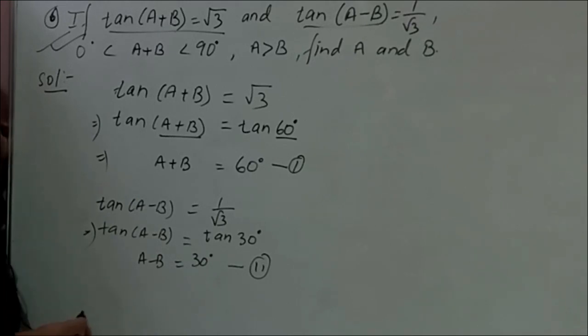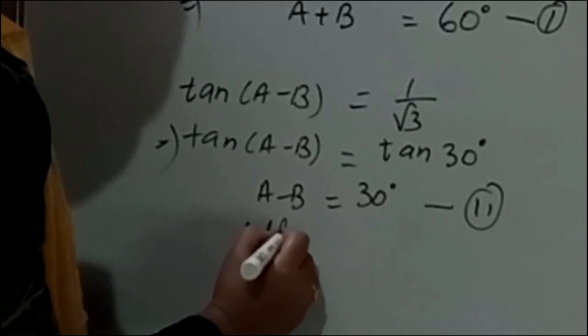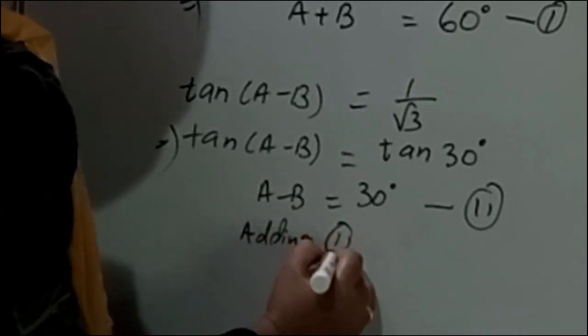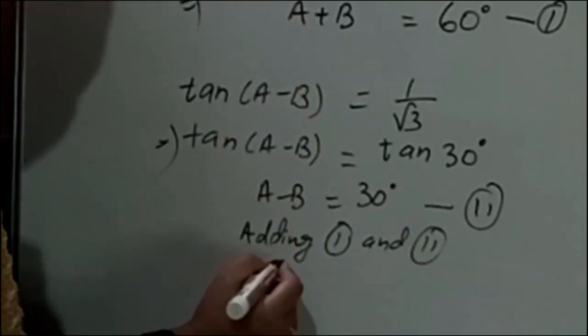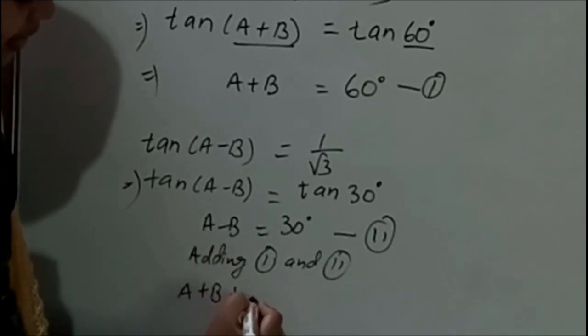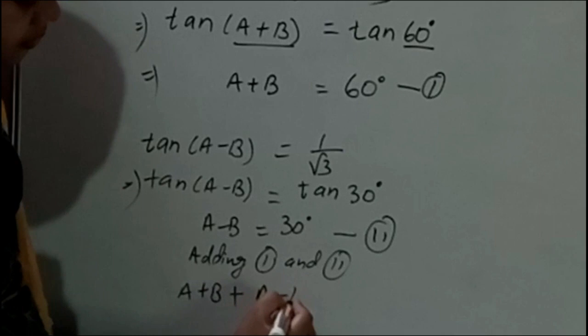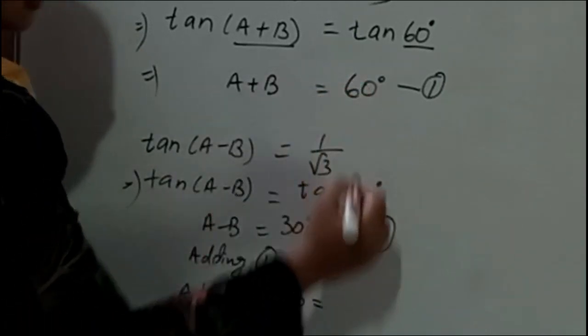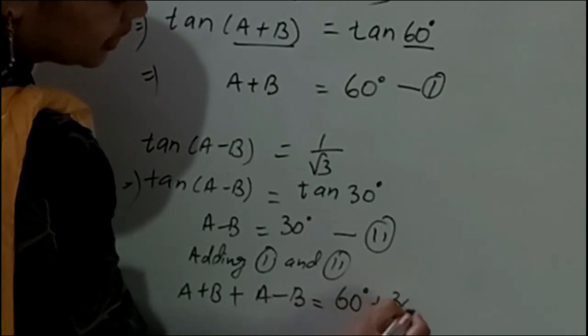Clear? So next what will we do? Adding equations 1 and 2. Both the equations you add. a plus b, first LHS plus second LHS, a minus b. First RHS 60 degree, second RHS plus 30 degree.